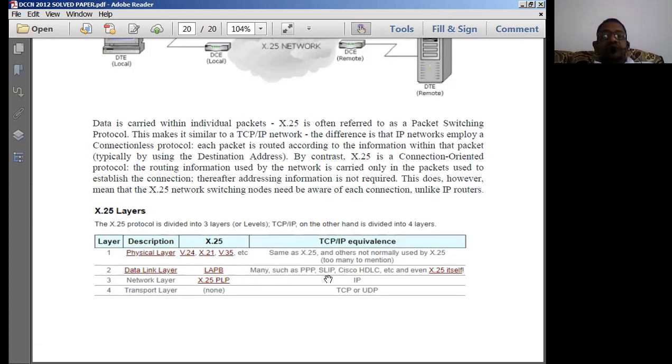Many such protocols are used by TCP/IP, called point-to-point protocol, Cisco HDLC protocol, etc. Even X.25 itself can be used in TCP/IP, because TCP/IP supports many other types of networks. That means TCP/IP supports the X.25 network, whereas X.25 does not support TCP/IP. But the reverse is true: TCP/IP supports the X.25 network.